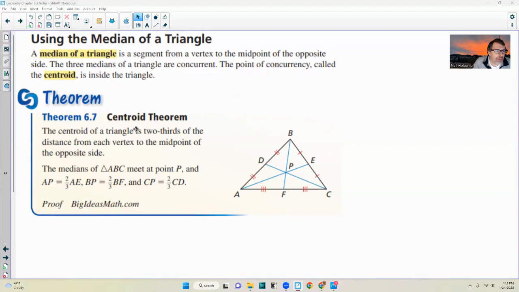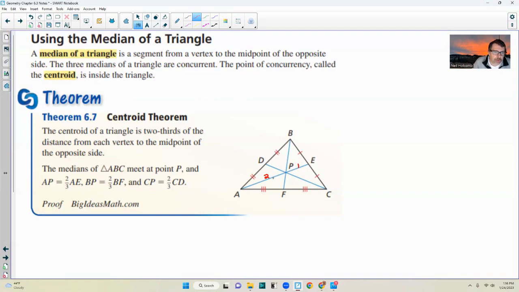So the centroid of a triangle is 2/3 of the distance from each vertex to the midpoint of the opposite side. Okay, so it says AP is 2/3 AE. So that means that if AP were 2, then PE has to be 1, because the whole thing now is 2 plus 1, which is 3.